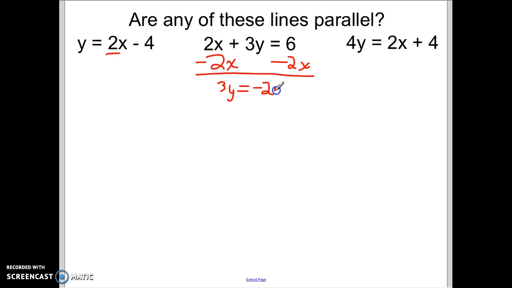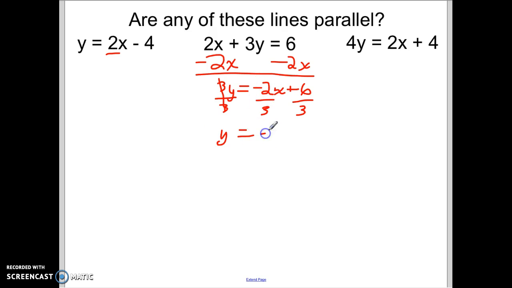So y equals 2x plus 6 on this side, only now I have to divide everything by 3. When I do that, these cancel out, and I'm left with y equals, and then on the other side of the equal sign, I need to take a look at the slope.